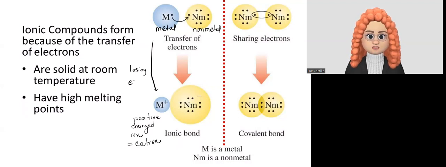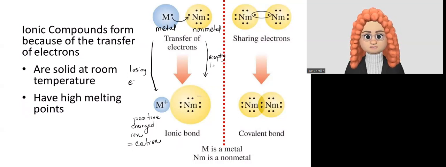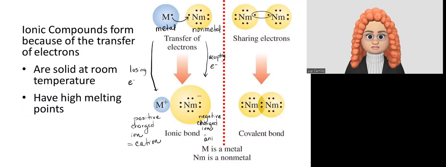The nonmetal, because it is accepting one or more electrons, depending on the nonmetal, is going to become a negatively charged species. So the nonmetal forms a negatively charged ion, and that negatively charged ion we know as an anion.